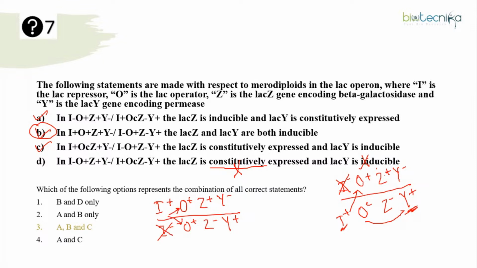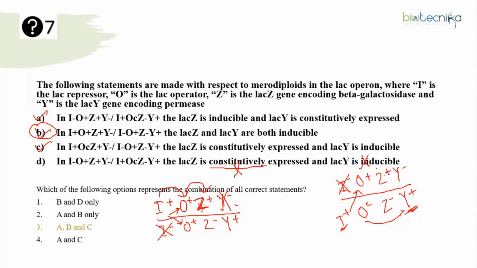Now it is working on both the operators which are normal. Now here you have Z plus Y minus, so Y is not present here, only Z is present. So Z is inducible, because this is a normal operator, so the repressor will bind to the operator, the inducer will come and remove the repressor, and Z will be expressible. So Z is expressible only in the presence of inducer.